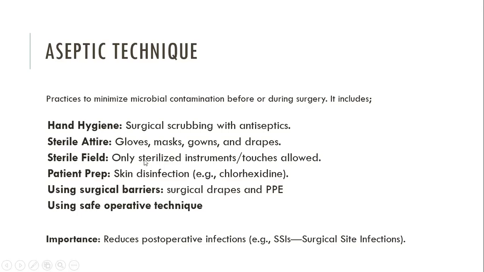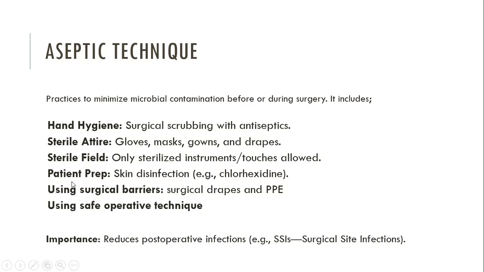So what does it include? It includes hand hygiene, in which surgeons or assistant surgeons and all the other team do surgical scrubbing with antiseptics. Sterile attire, again, is very important. Gloves, masks, gowns, and drapes should be sterile. Sterile field is very important. Only sterilized instruments and touches should be allowed.